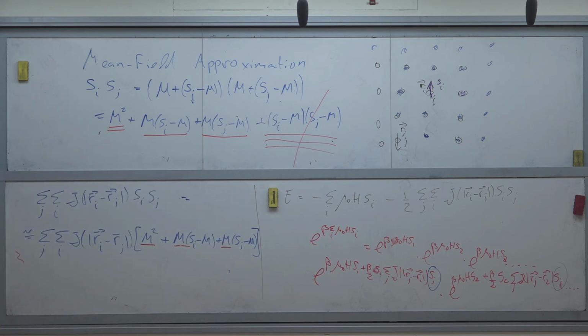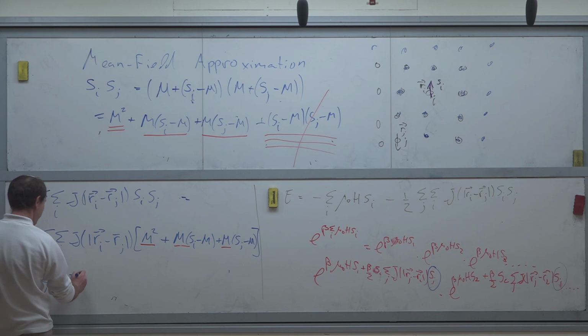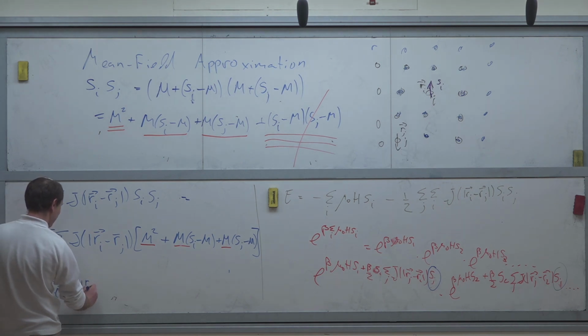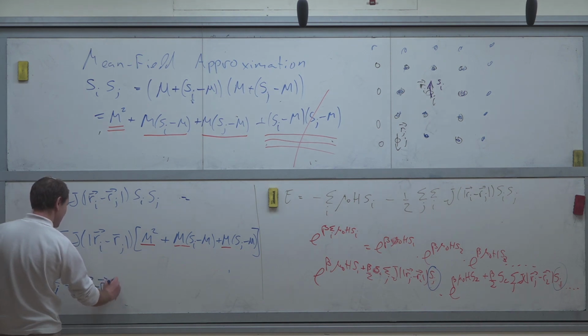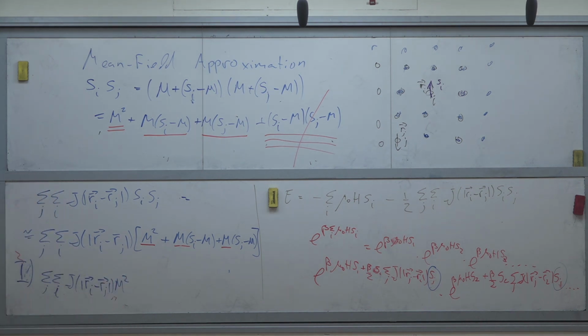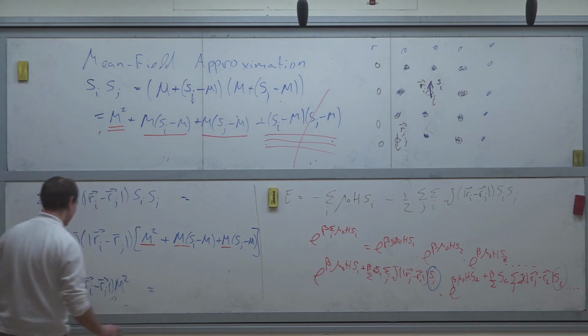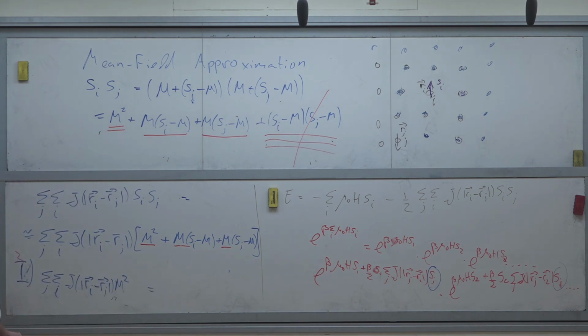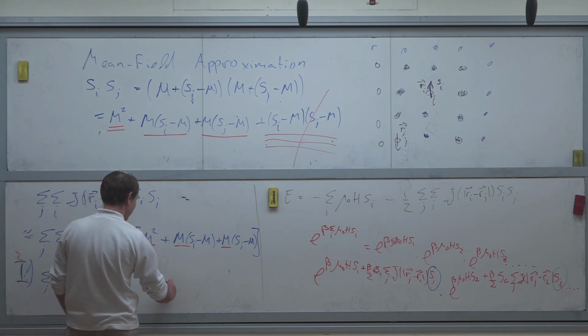Okay, so let's see what happens. Our first term is simply a sum over j, a sum over i, j of Ri minus Rj, m squared. Now we can get m squared out of this.